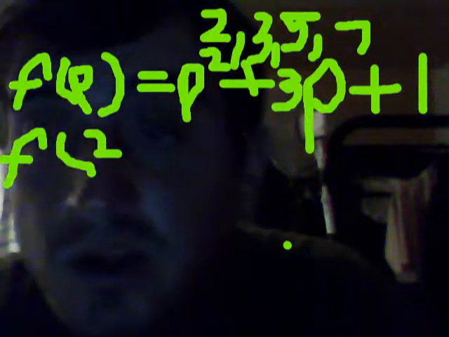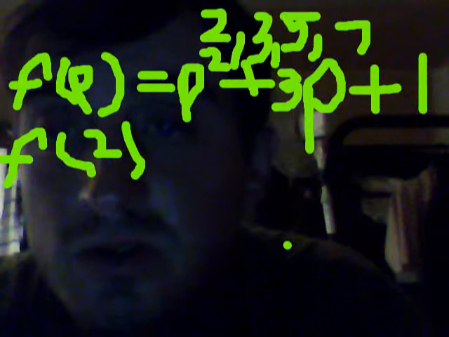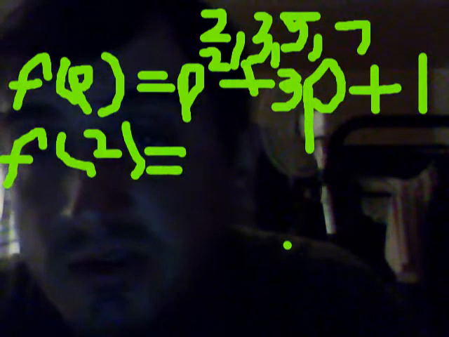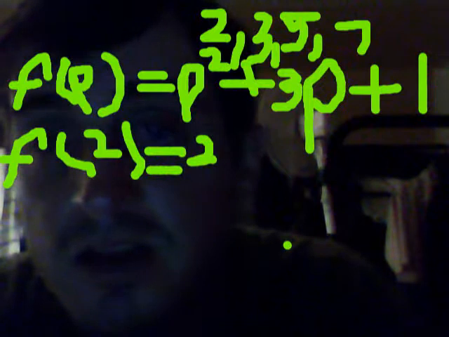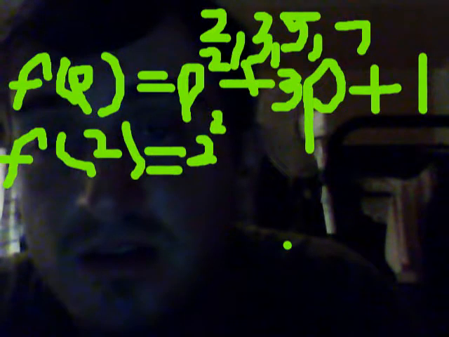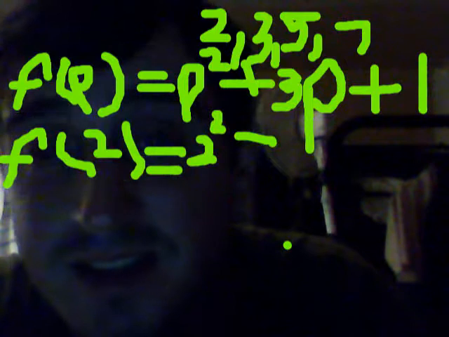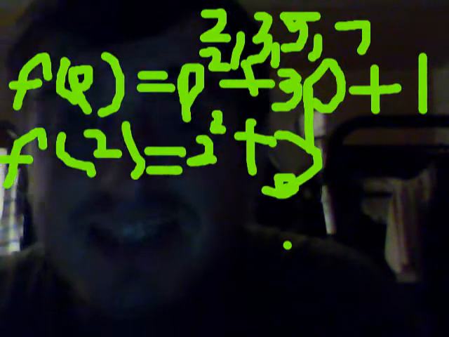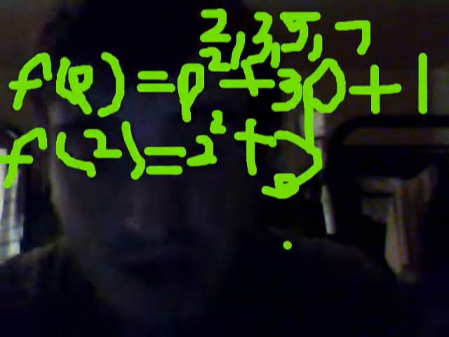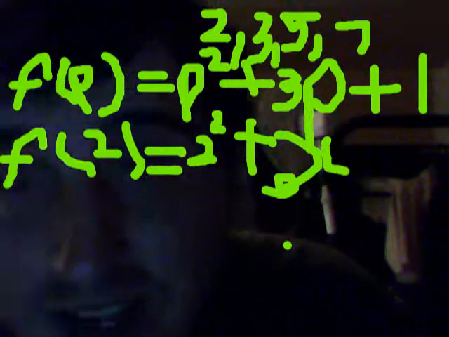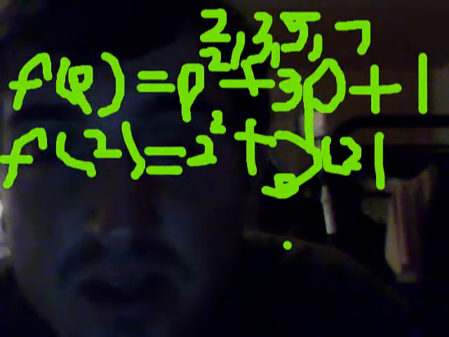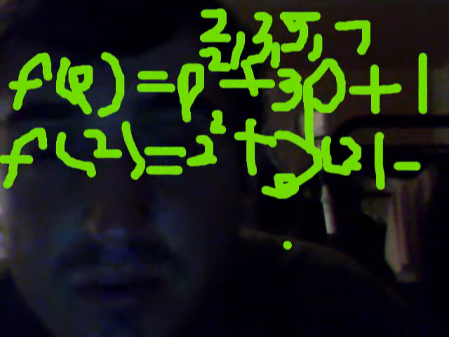So what we do is we substitute. F of 2 equals, so f of 2, so this is 2 squared plus 3 times 2 plus 1.